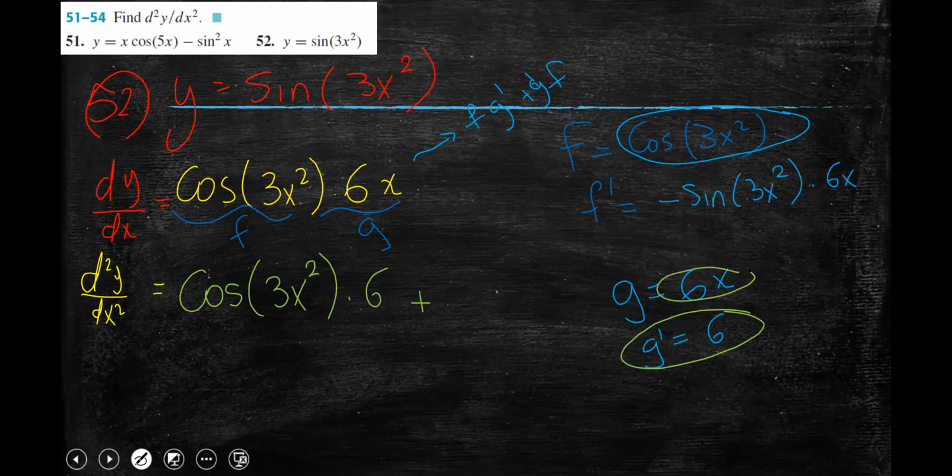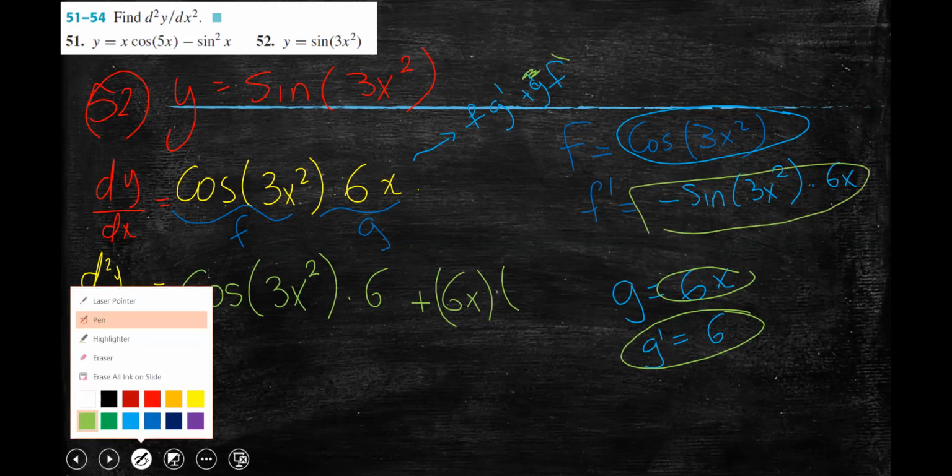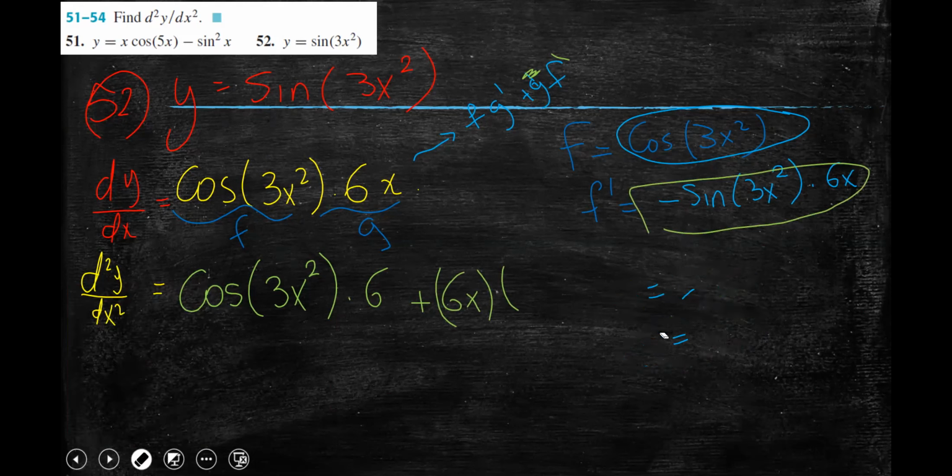Plus g, which is 6x, times f prime. Negative sine 3x squared times 6x.